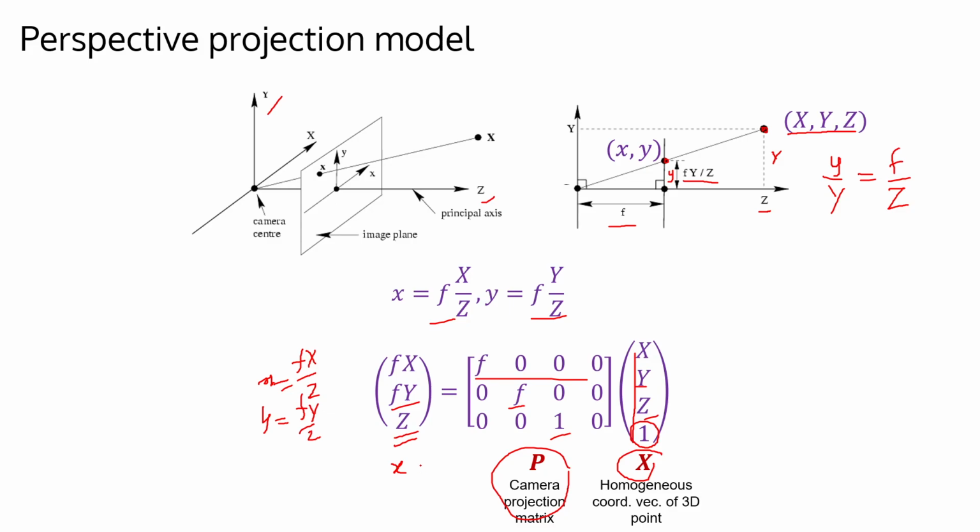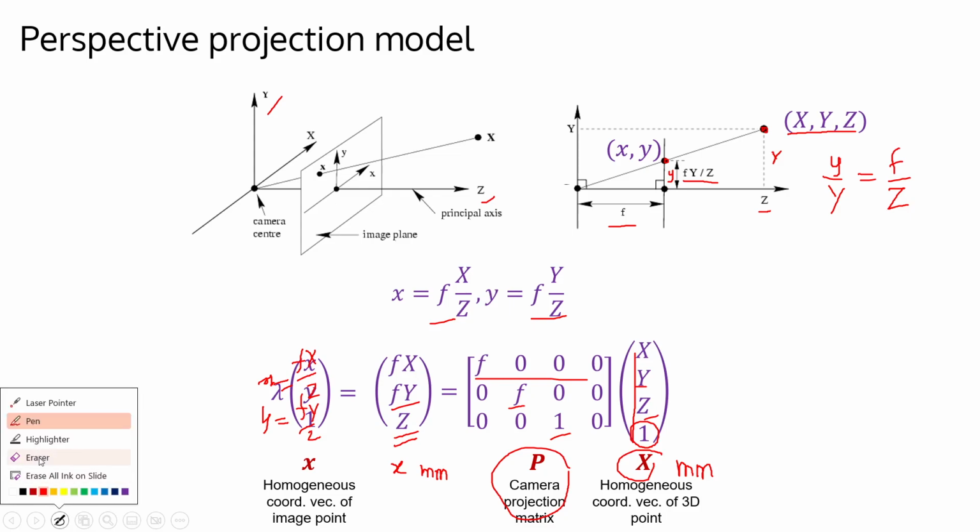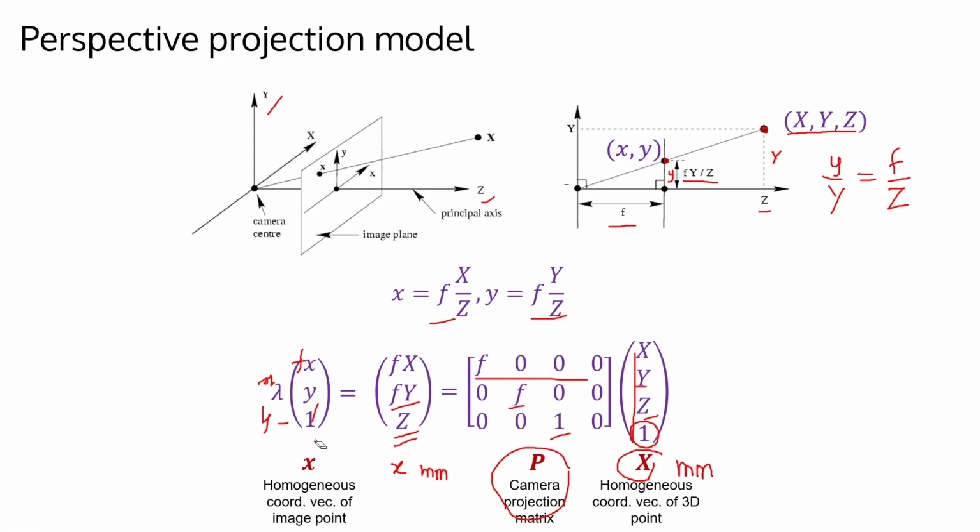Yes, and this is the sign, let's say, millimeters, and capital X is also in millimeters, not in pixels yet. Small x is not in pixels yet, in millimeters. Actually, you can see small x is some scaling factor times x, y and 1.